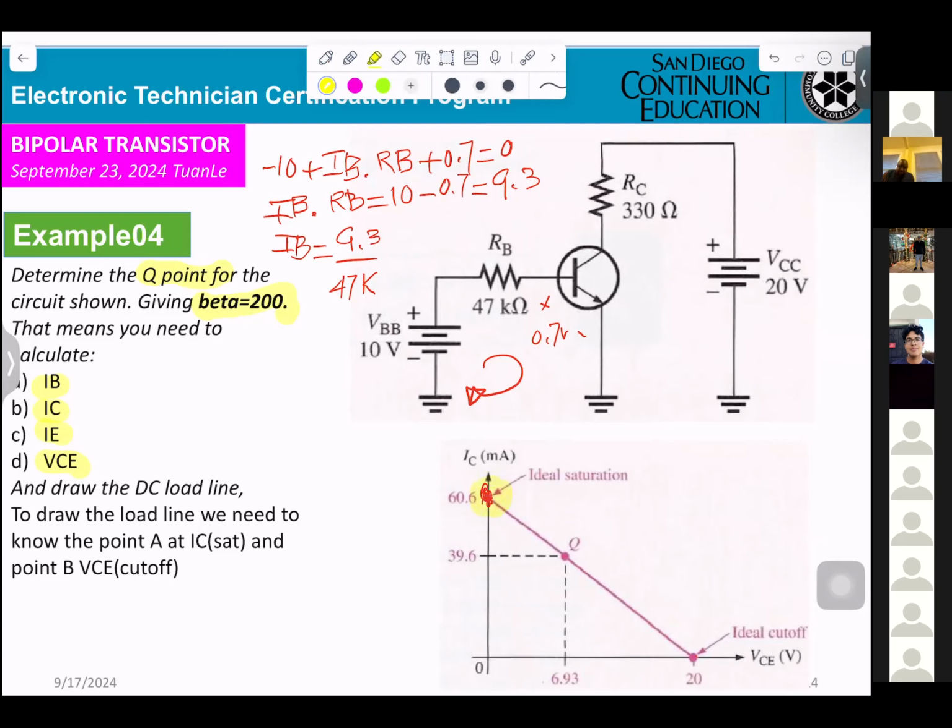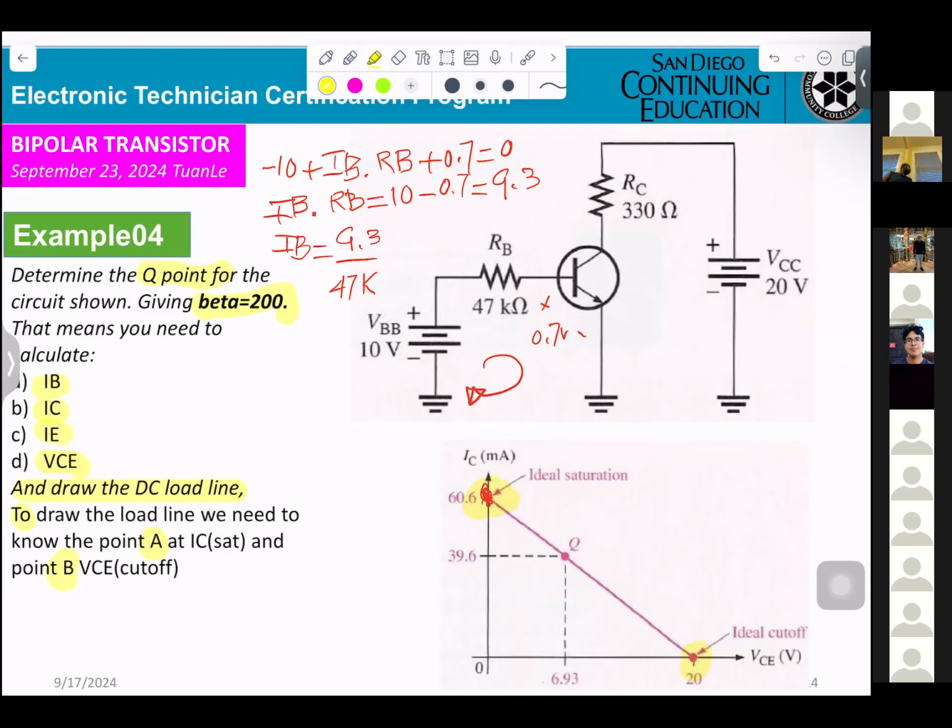That means they want point A here, point B here, in order for you to draw the DC load line. To draw the load line, we need to know point A at IC saturate and point B at VCE cutoff.